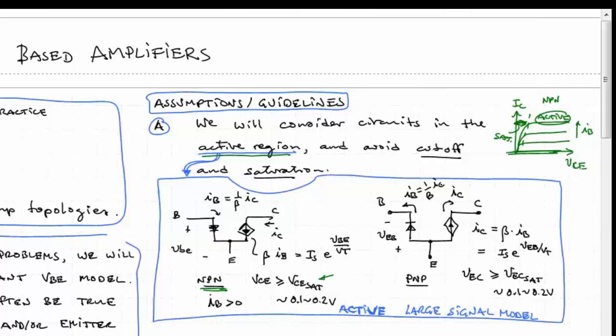And to stay in the active region, we need the emitter to collector voltage, not collector to emitter, to be greater than the VEC sat, which again we'll use around 0.1 to 0.2 volts. So that's going to be our model that we use for large signal problems.